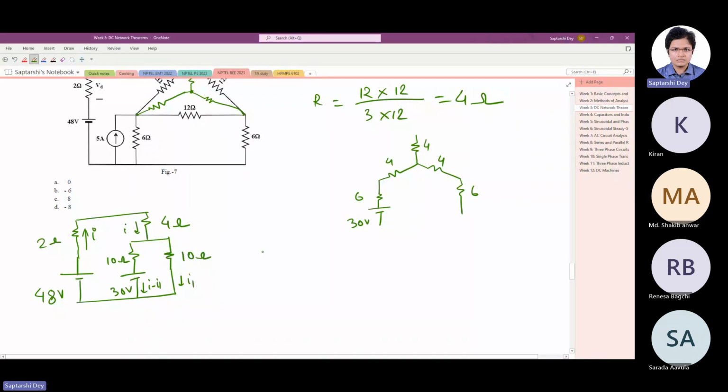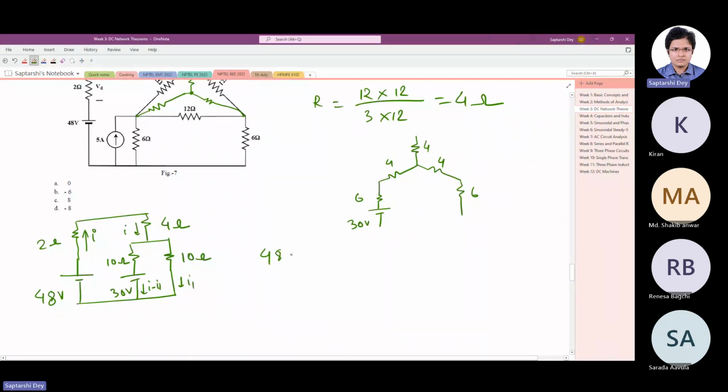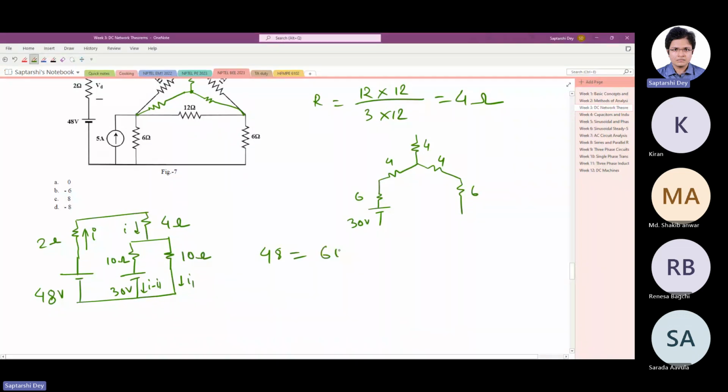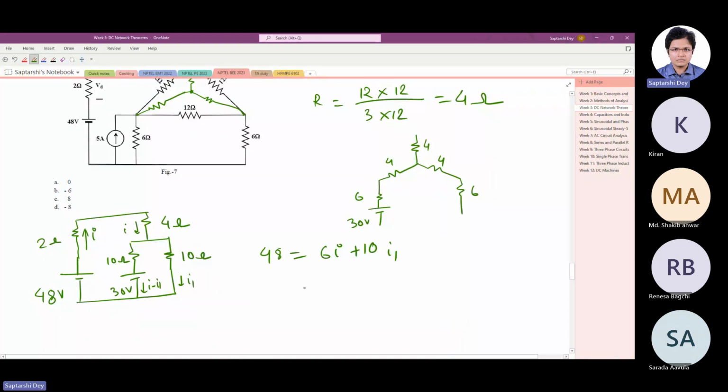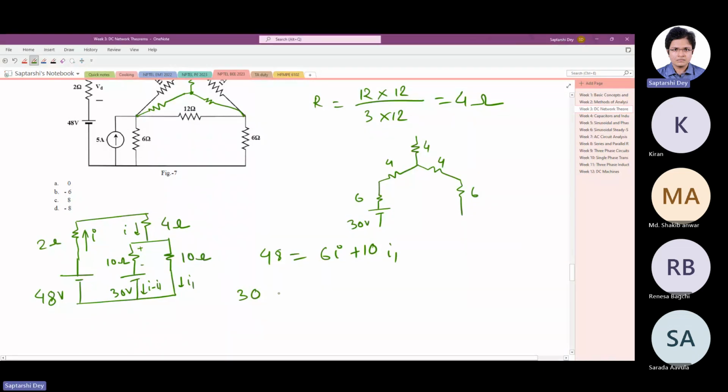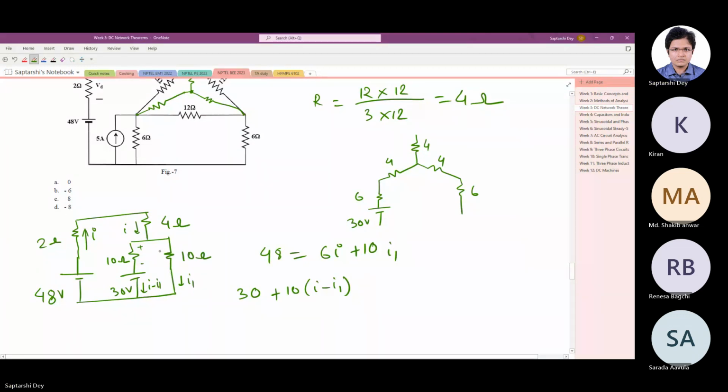So what we have is 48 equals 6I plus 10I1, and we have 30 plus 10 times (I minus I1), increase.